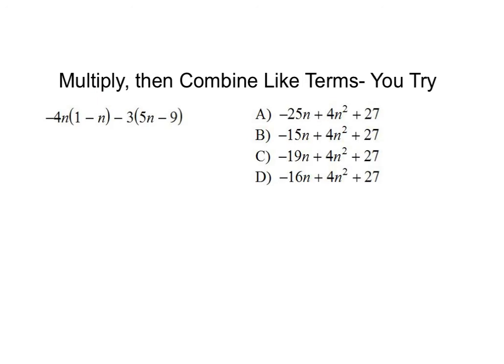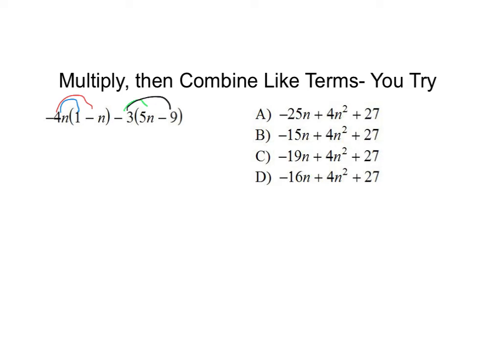Now you try. Multiply and then combine like terms. So we want to distribute the negative 4n into the 1 and into the negative n. And then we want to distribute the negative 3 into the 5 and then the negative 3 into the 9.